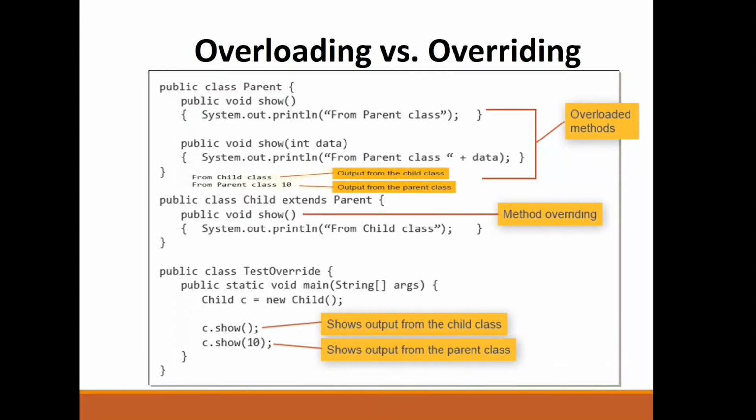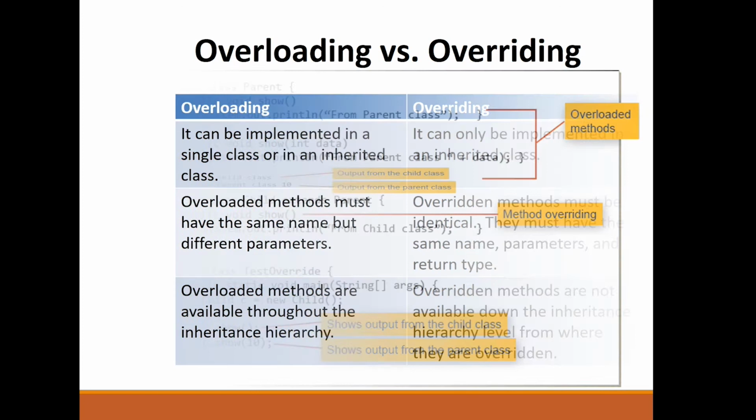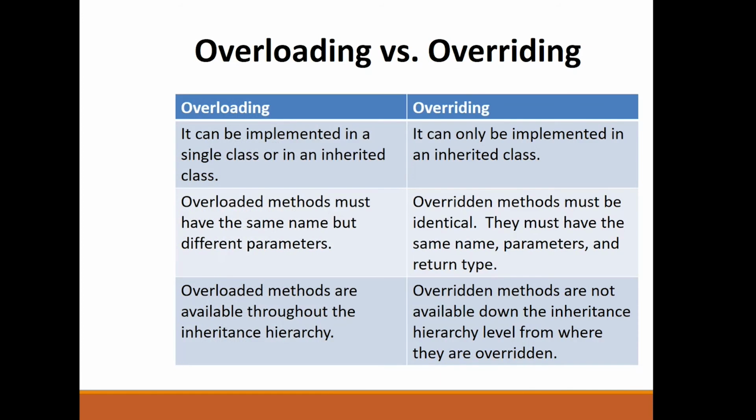Claro? So again, look at the output here. One output is coming from the child class, and the other one is coming from the parent class. Okay, so that is overriding. Overloading can be implemented in a single class or an inherited class, while overriding can only be implemented in inherited classes or subclasses. Overloading methods must have the same name but different parameters.